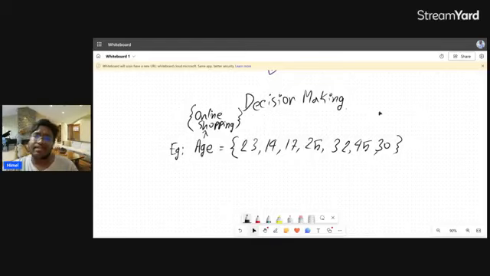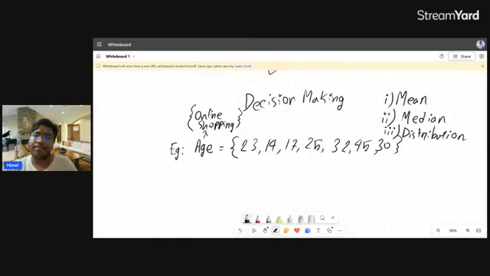We can do many things. We can find the mean from this data. We can find the median from this data. We can also look at distributions. We all know the different kinds of distributions used in ML, right? There are Gaussian distribution and many more.